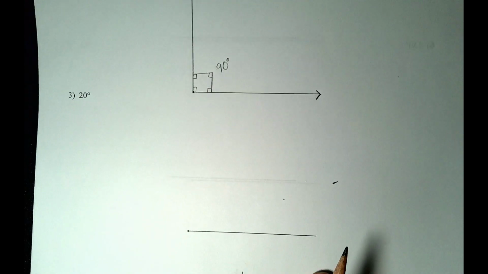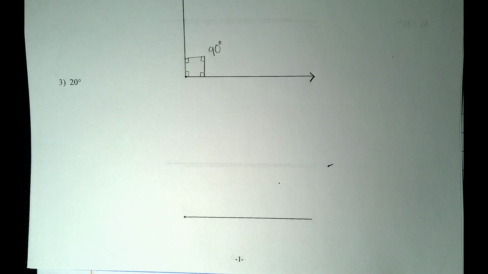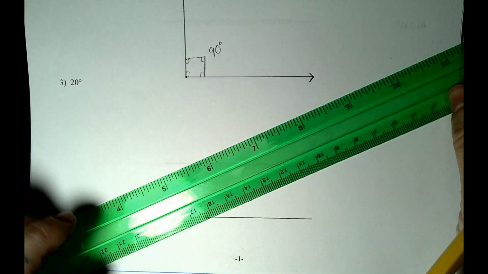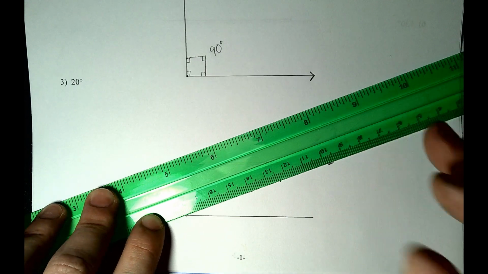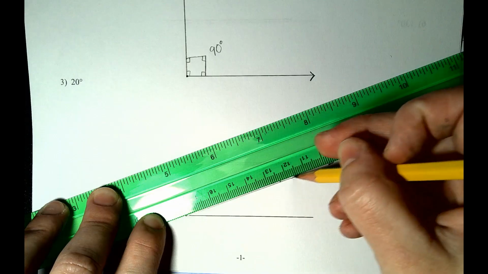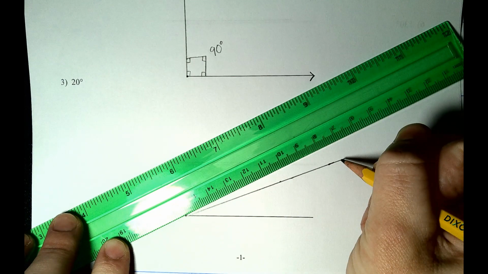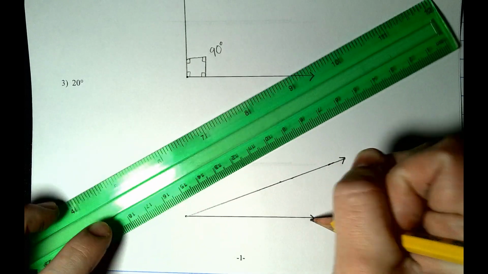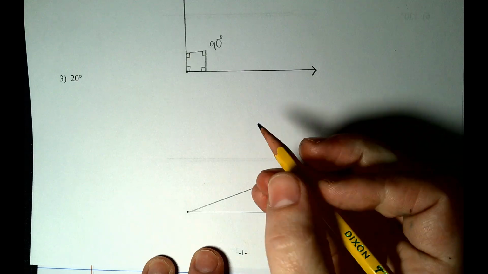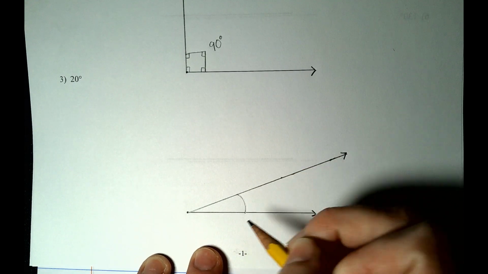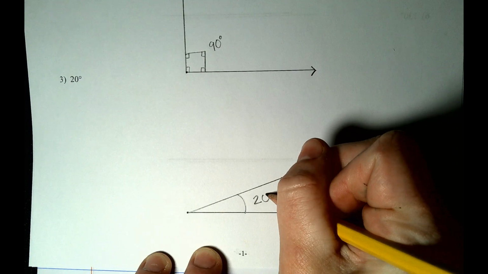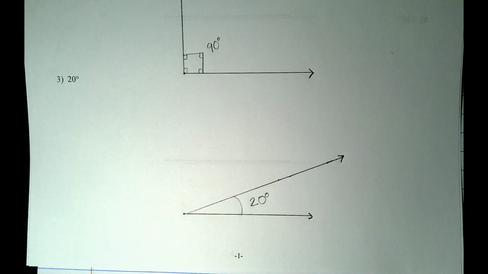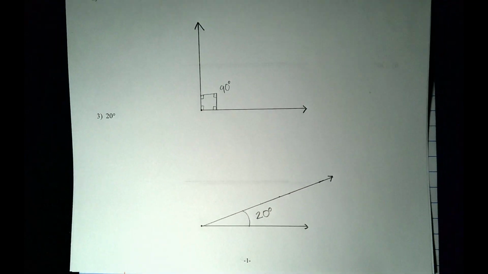I'll pull my protractor away, take my ruler, and I'll connect the point to the marking we made. Once you've drawn that, same thing, we want to finish by putting an arc inside and writing the measure of the angle, 20 degrees.